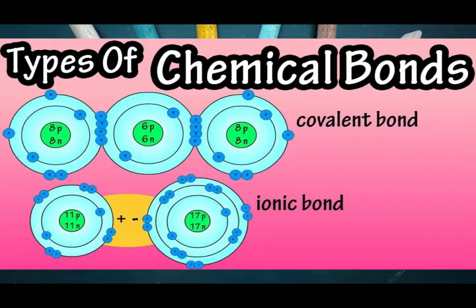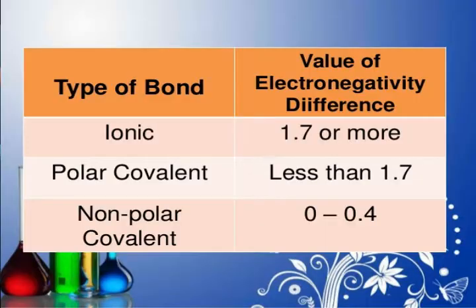So there are types of chemical bonds. We have covalent bond and ionic bond. So what are these? The table flashed on the screen is a Pauling scale. It indicates the types of bonds that vary with the value of the electronegativity difference.